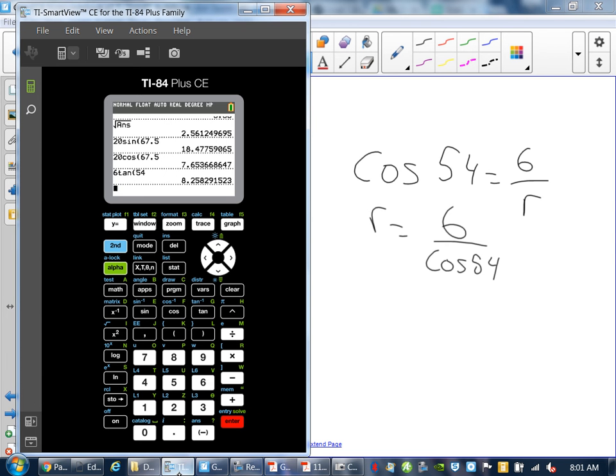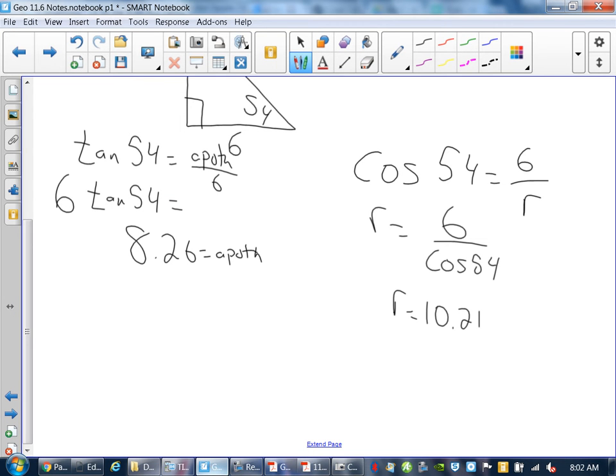And 6 divided by the cosine of 54. 10.21. And it is important that as you go through these things, you're writing down what things mean, where these numbers come from. Okay?